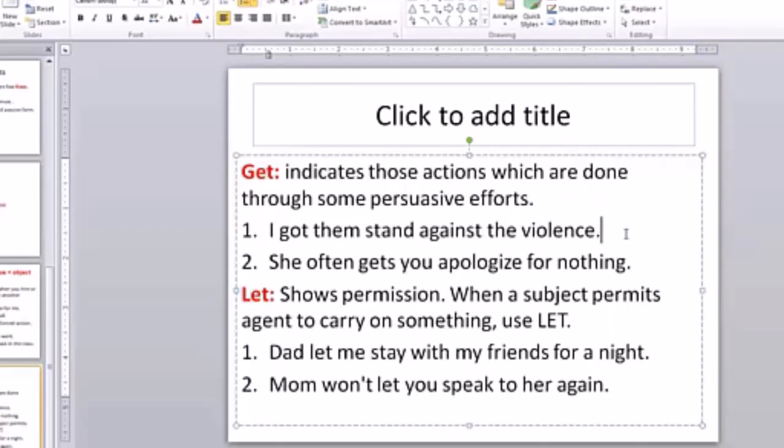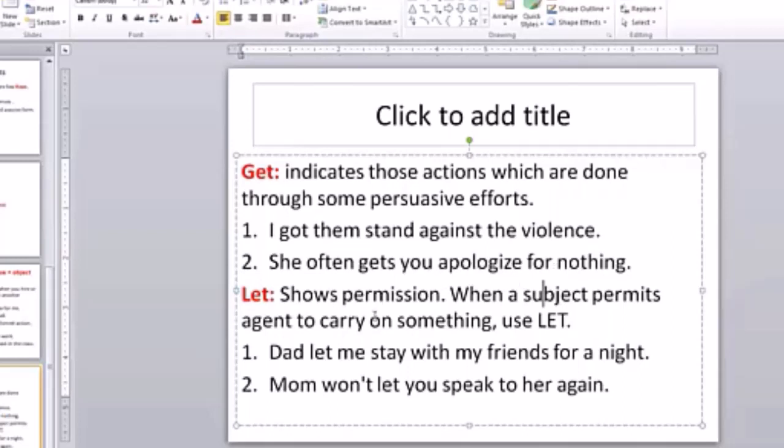So you see, I'm not paying you anything. I just motivated you. I convinced you. Okay. The second example is: she often gets you to apologize for nothing. For nothing is our object here, which means you have done nothing wrong, but she will persuade you, she will convince you, no, it's your fault, so you have to apologize.